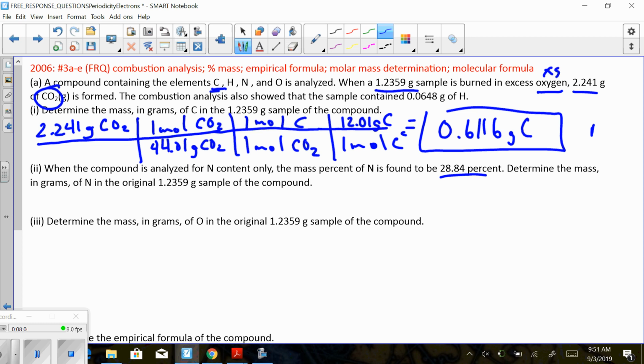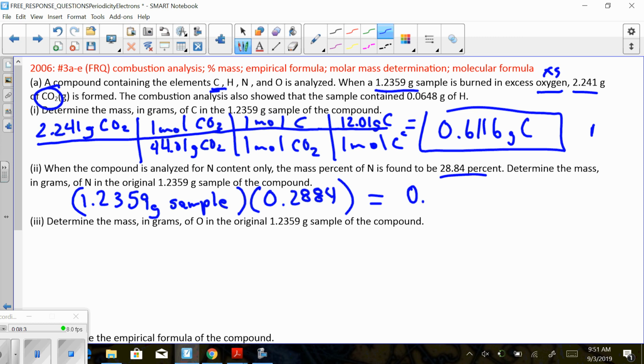So if I start with a mass of 1.2359 grams of the sample, and the percentage of nitrogen is 28.84%, I can just multiply that by 0.2884. That's the percentage in the sample, and that tells me the percent of nitrogen by mass. So I end up with 0.3564 grams of nitrogen in our sample.